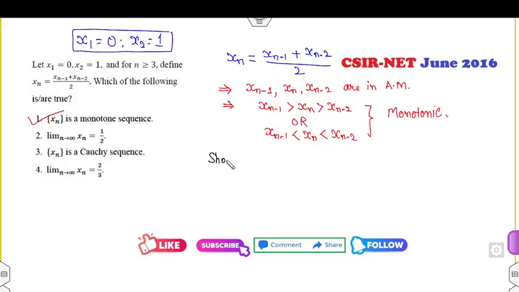Now, the shortcut tips for you. How can you find the limit? Because the objective of this lecture is limit. Fine.